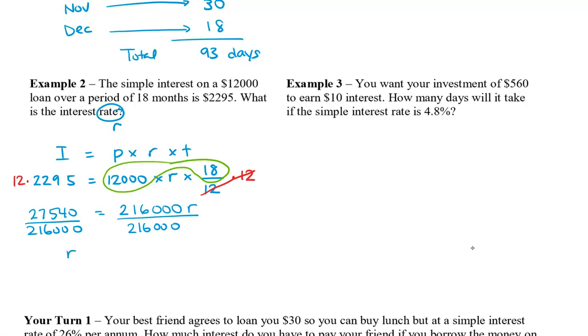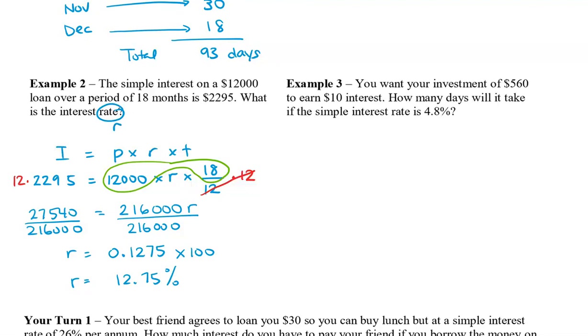And you type this into your calculator, and you're going to get 0.1275. Now, interest rates are usually expressed as a percentage, so we're going to also times this by 100, so we now get 12.75%.